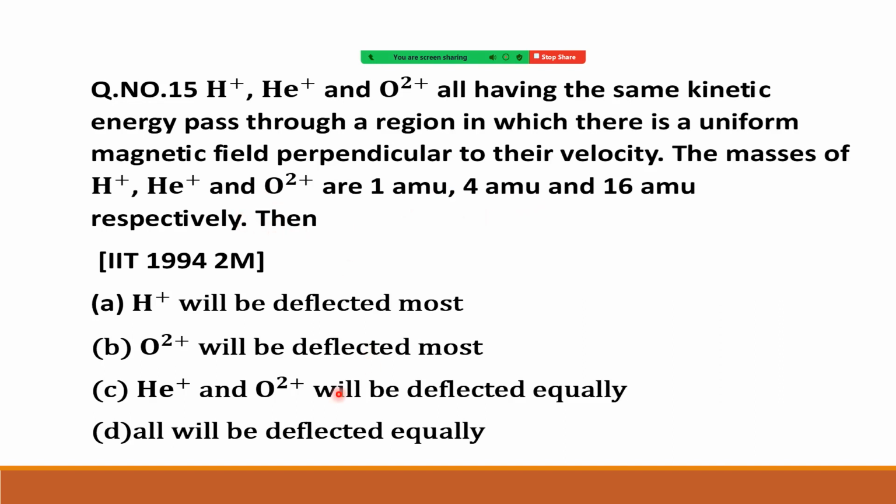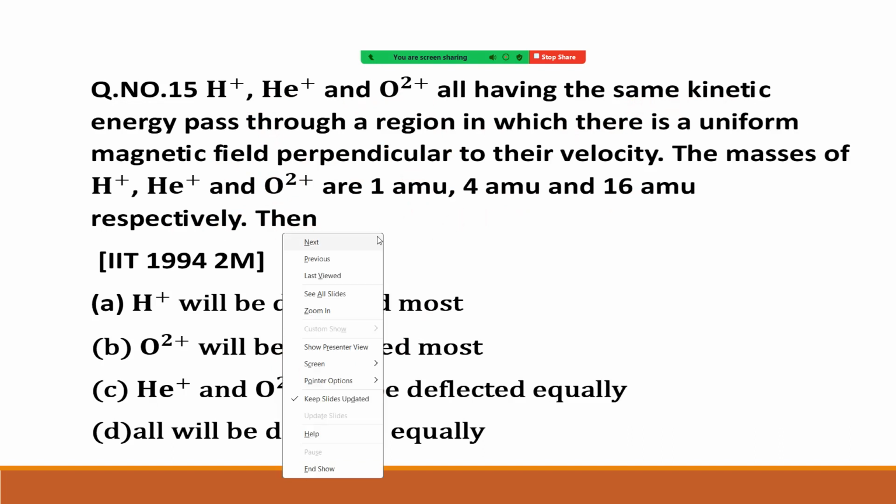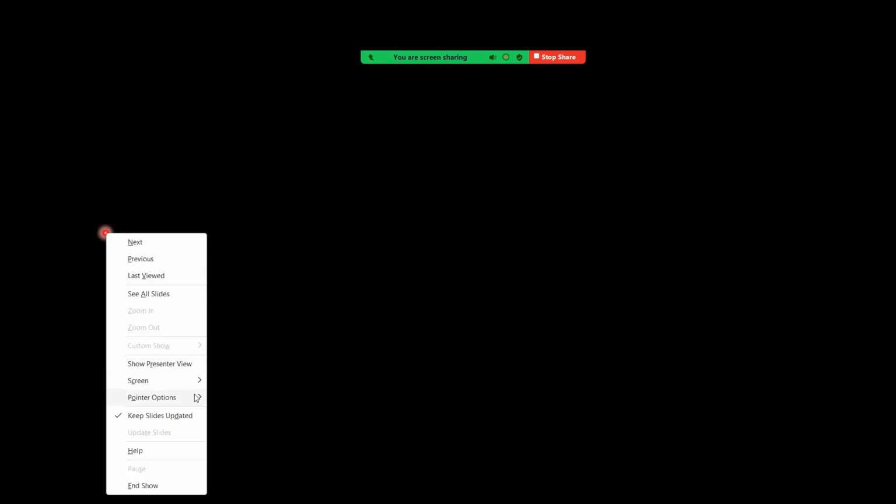Then he's asking which one deflects most. The condition is given that they have the same kinetic energy. Let us see how to decide whether deflection is more or less. This was asked in 1994 for 2 marks.